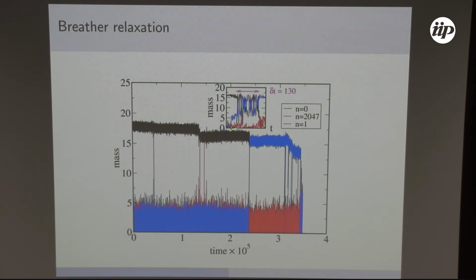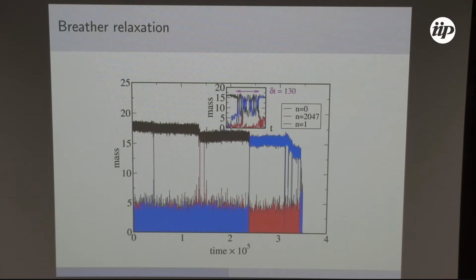And if you enlarge this area, suppose you are here, you see that for a quite short time, basically this breather is delocalized over 2 sites. As I will show you in a while, this corresponds to the creation of a sort of bound state, where the breather is delocalized.